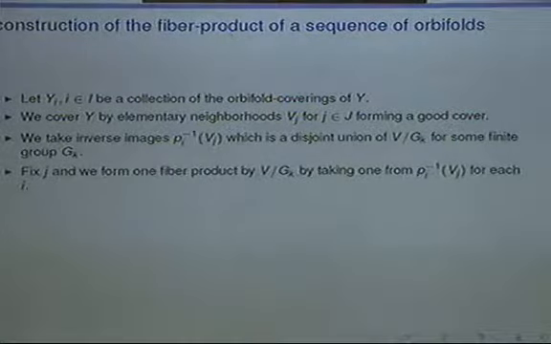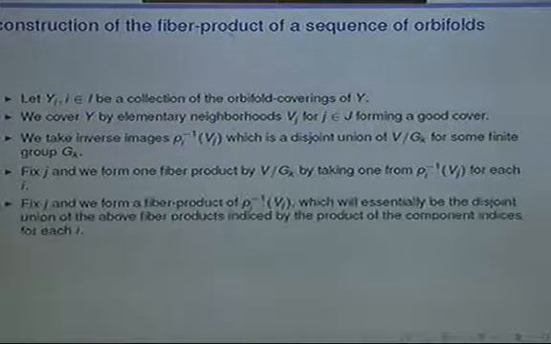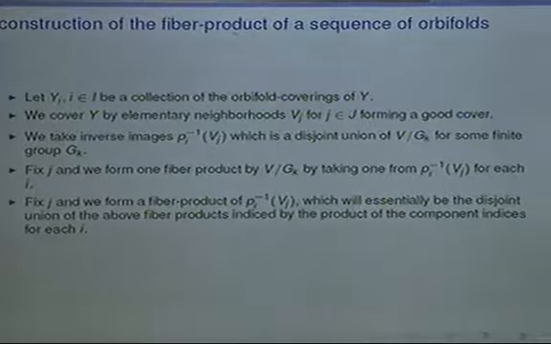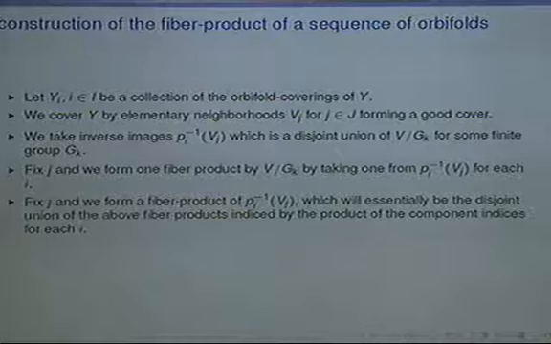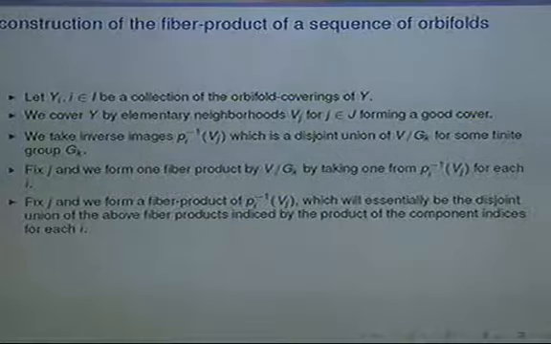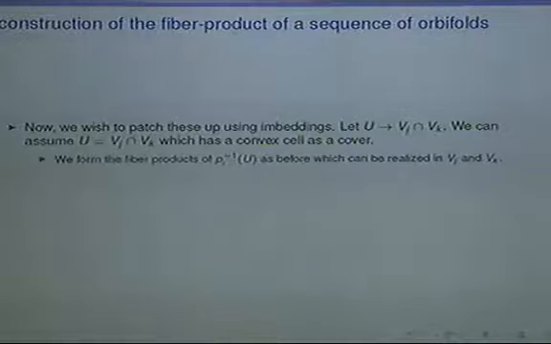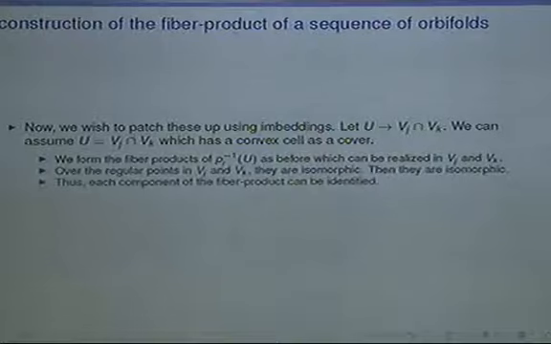If you have a sequence of orbifold coverings, you can define a fiber product by taking elementary neighborhoods and doing the universal fiber product construction for each neighborhood. Then the natural pasting map will be lifted uniquely, and so you can construct this fiber product for any orbifold coverings. This is the explanation of how to construct this natural patching together.